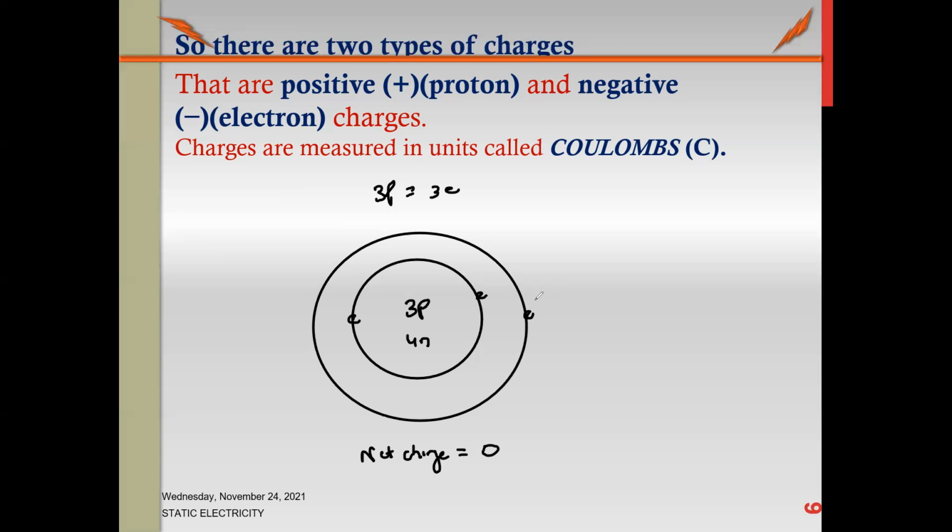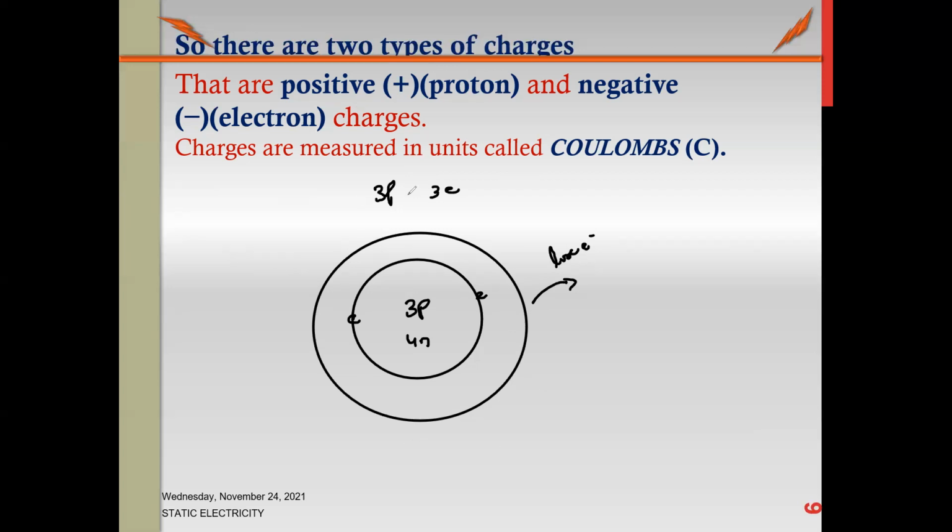But what happens if this atom loses an electron? If this electron goes out, due to the loss of this electron, it now has more protons than electrons.